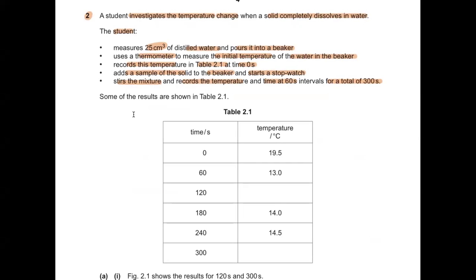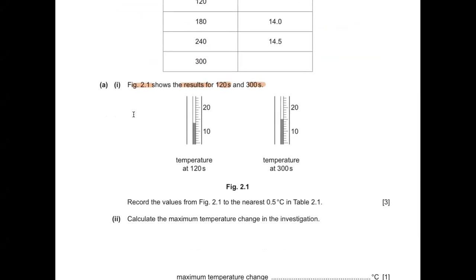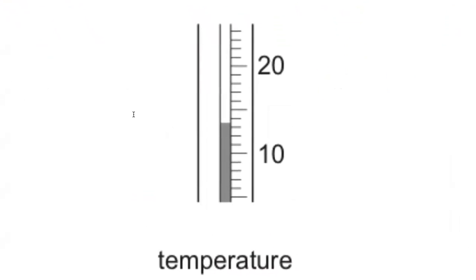Some of the results are shown in table 2.1. Figure 2.1 shows the results for 120 seconds and 300 seconds, and these two are missing in the above table. So record the values from figure 2.1 to the nearest of 0.5 degrees Celsius in table 2.1. So if you see this one, this one is 11, 12, 13, 13.5, right?